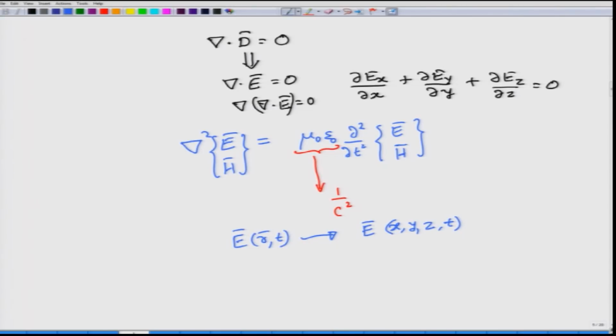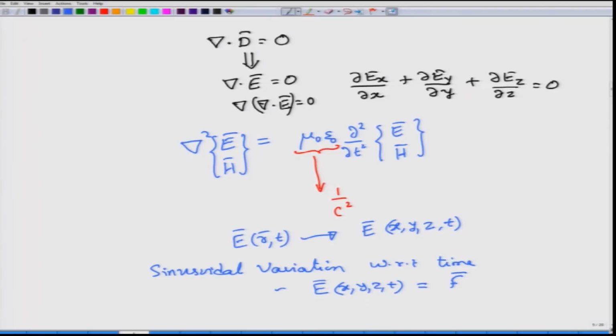Is it possible for us to simplify this equation any further? Well, there are a couple of things that we need to consider. First, let us assume that instead of allowing for any arbitrary variation with respect to time, we have a sinusoidal variation with respect to time for all the field quantities, which means that the electric field as a function of x, y, z and time can be written as some function.